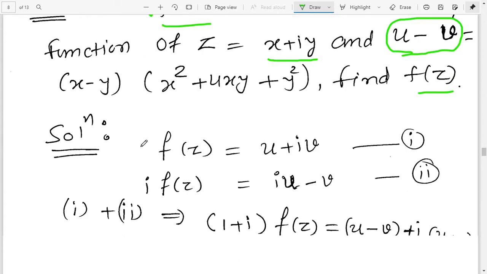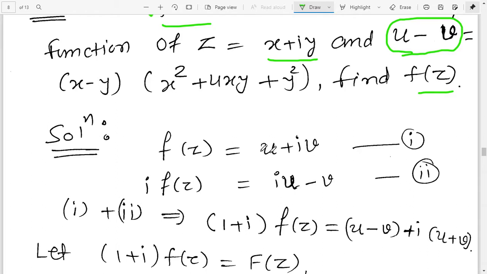So solution: f(z) = u + iv. Multiplying by i, we get i f(z) = iu − v, because i² = −1. This is equation number 2 and this is 1.